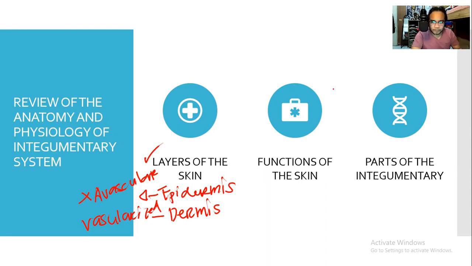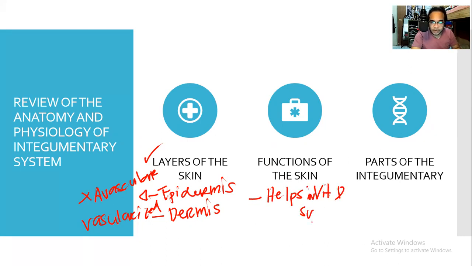Mabilis masyado yan. Okay, now going back to the functions of the skin, remember, this is the thing that we need to remember para malaman natin kung bakit nagkakaroon ng electrolyte imbalance. Number one is, of course, it helps in your what? Vitamin D synthesis.